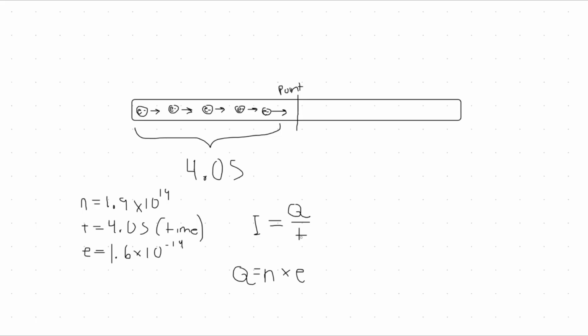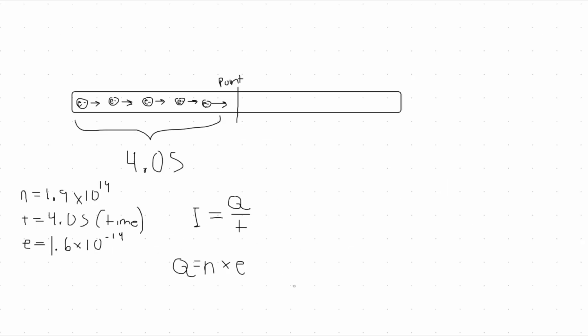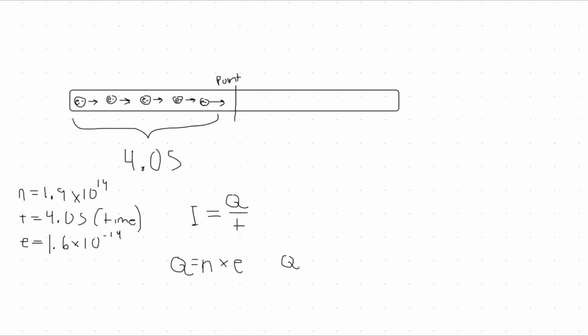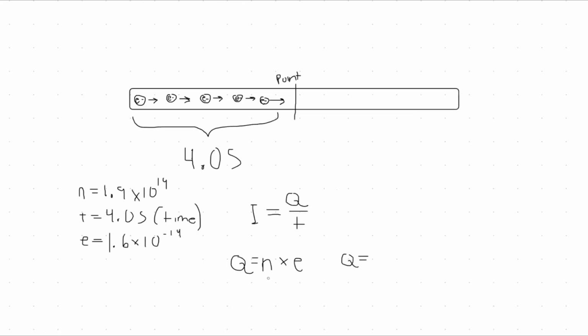If we plug that in, Q is equal to, n is 1.9 times 10 to the 19th, times our e, which is 1.6 times 10 to the negative 19th.